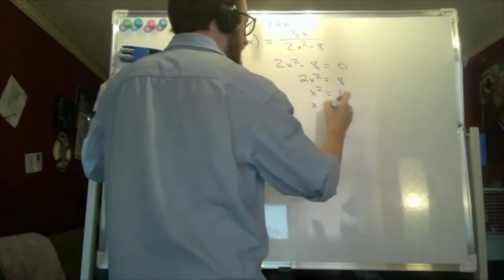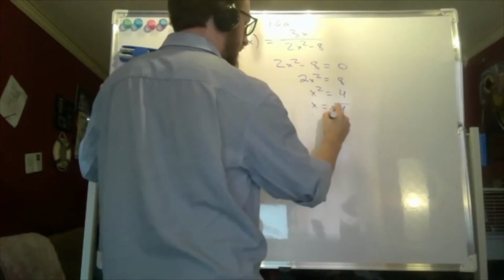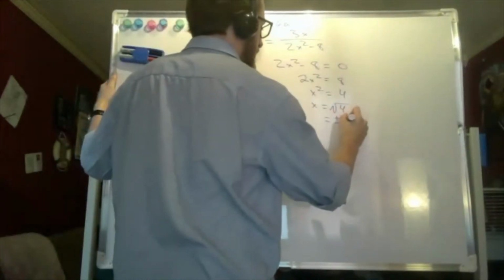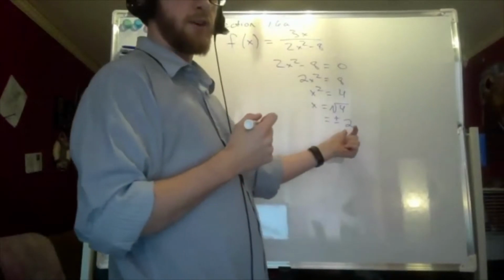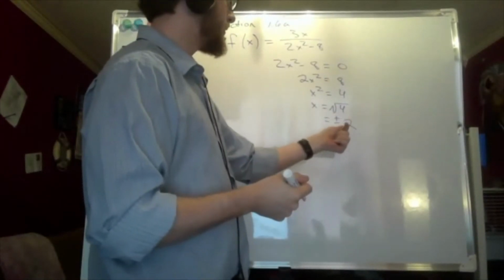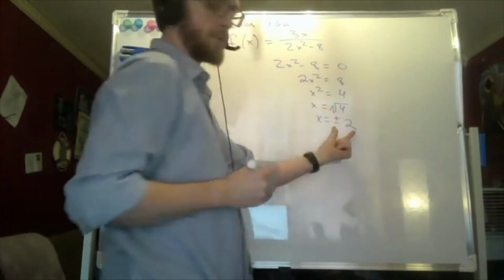Now remember, when we take the square root of 4, we get two different answers here. We get plus or minus 2, because if we have negative 2 times itself, the negatives are going to cancel. So we actually have two answers here for x that create a problem.